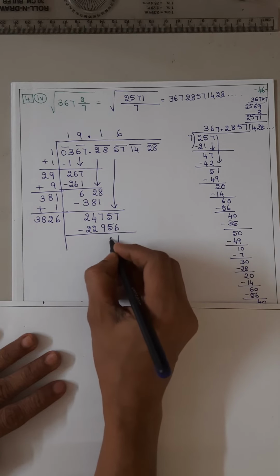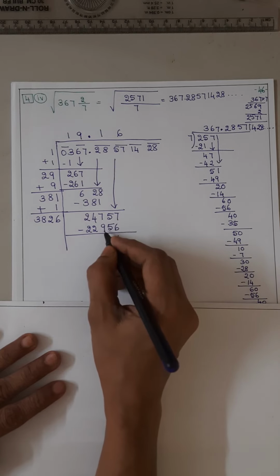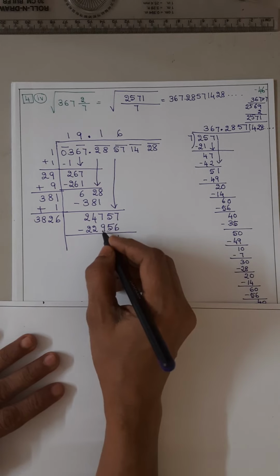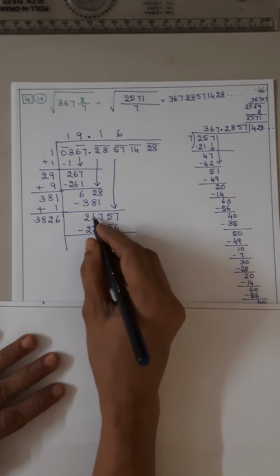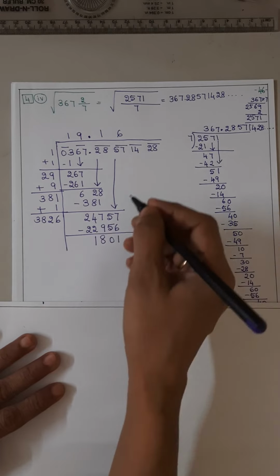It is 0. 17 minus 9. It is 8. Now 3 minus 2 is 1.